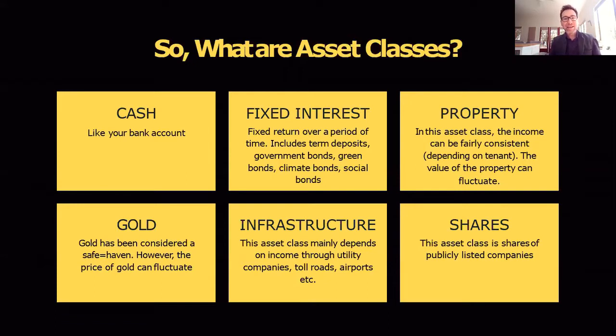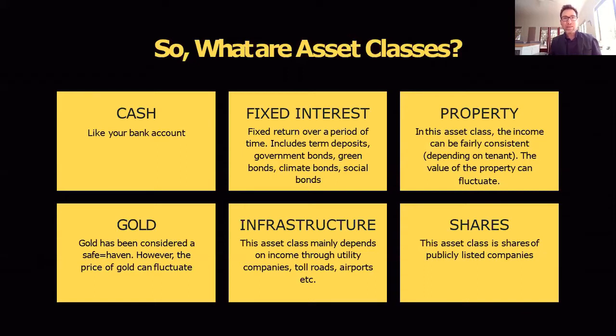Property, this is perhaps one of the most favourite asset classes for Aussies. In this asset class, the income can be fairly consistent based on rent. However, the value of the property can fluctuate. And depending on what type of property it is, whether it's commercial, industrial, residential, it has different levels of risk regarding the rental income as well. Gold is an interesting asset class, and it historically has been considered a safe haven.